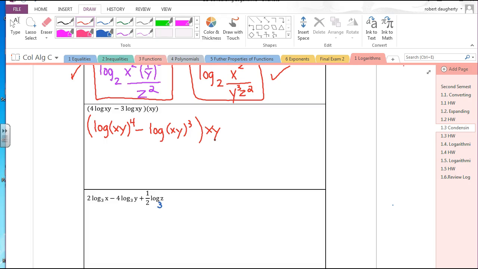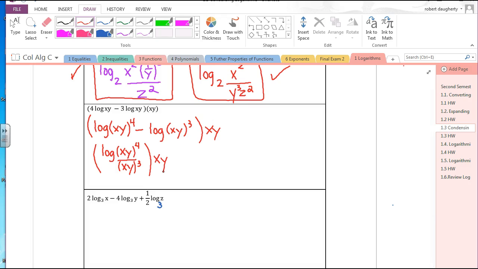Quotient. So this is the log of xy to the 4th over xy to the 3rd. All of that is multiplied by what? Xy.